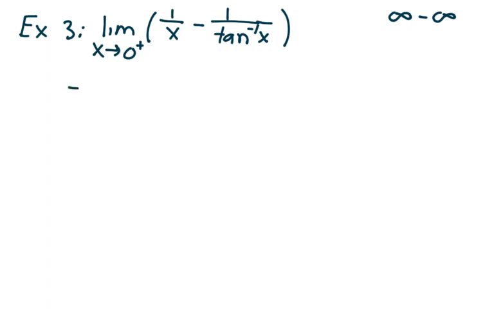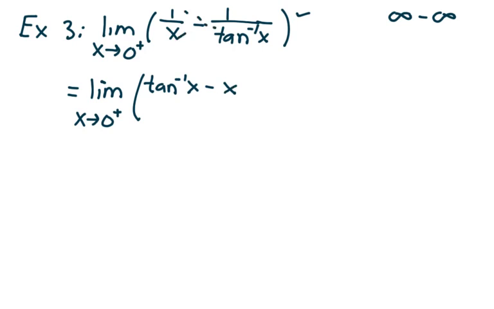And so I'm going to manipulate this as follows. Because remember, your goal is infinity over infinity or 0 over 0. Now, if you look at this limit, it looks like I should get a common denominator. And that's exactly what I'm going to do. So I'm going to take the limit as x goes to 0 from the right, and I'm going to get arctangent of x minus x, right?